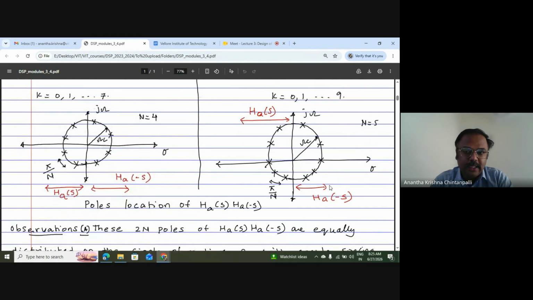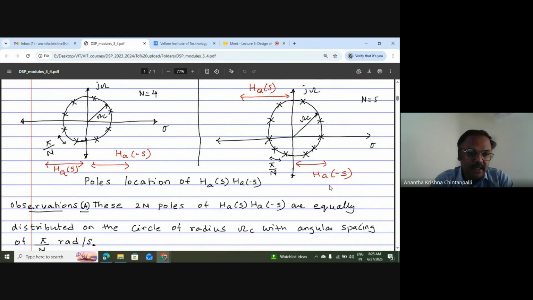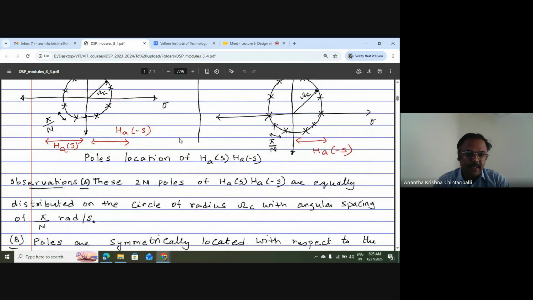Okay, what are the important observations? The first observation is these 2n poles of H of s and H of minus s are equally distributed on a circle with a radius of omega c, as you can see, with angular spacing of pi by n radians per second, as I have already mentioned to you.